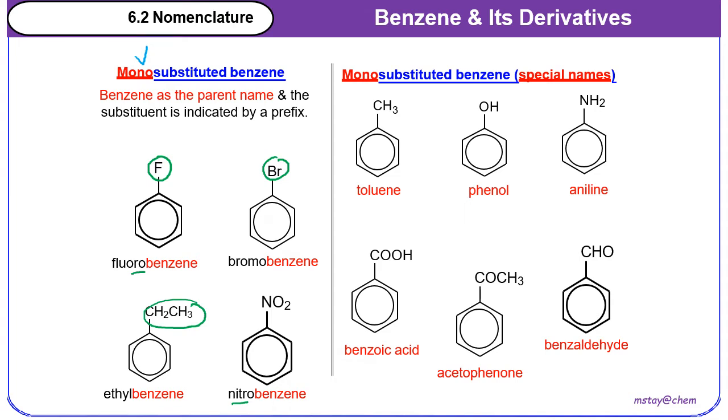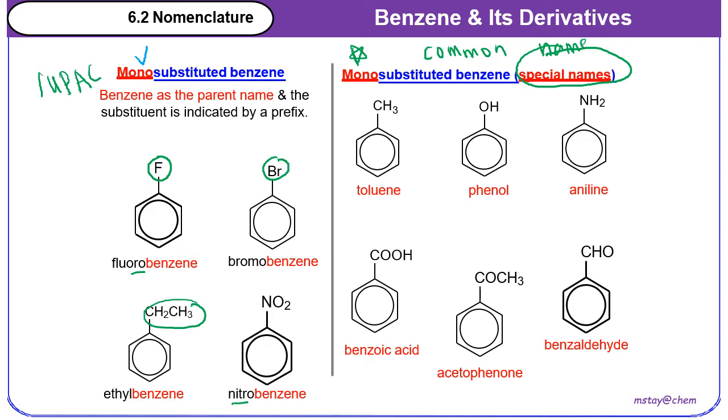Then for the right-hand side here we have a special name. We are not using the IUPAC name. At the left-hand side here we call it IUPAC nomenclature, and at the right-hand side we know the name as the common name.